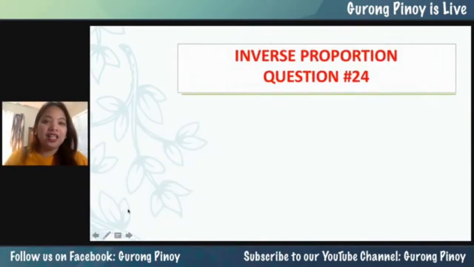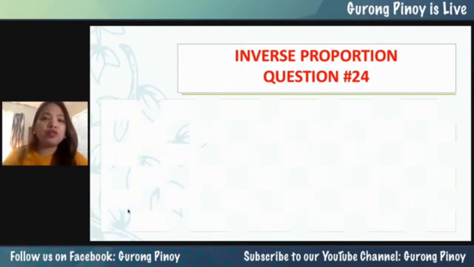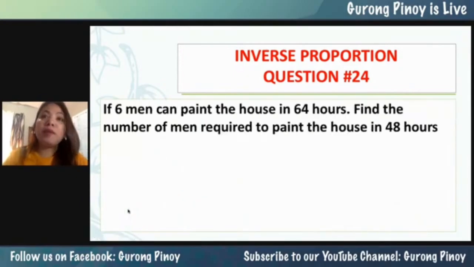Okay? Number 24, inverse proportion. This one is a bit harder, but it usually comes out in tests. It is about painting, where something was already painted and is painted again. If 6 men can paint the house in 64 hours, find the number of men required to paint the house in 48 hours.